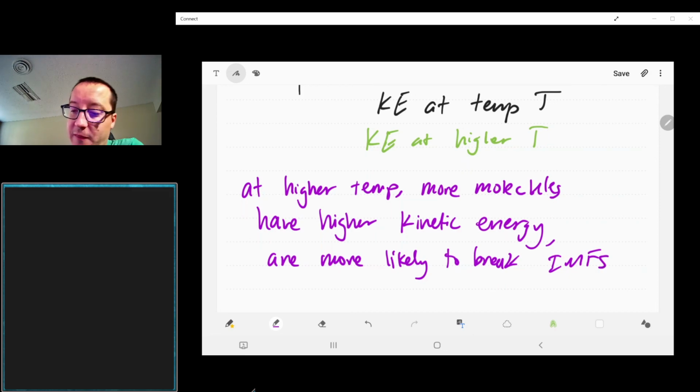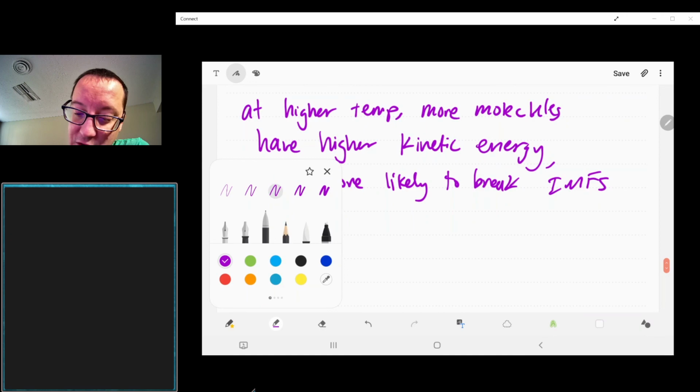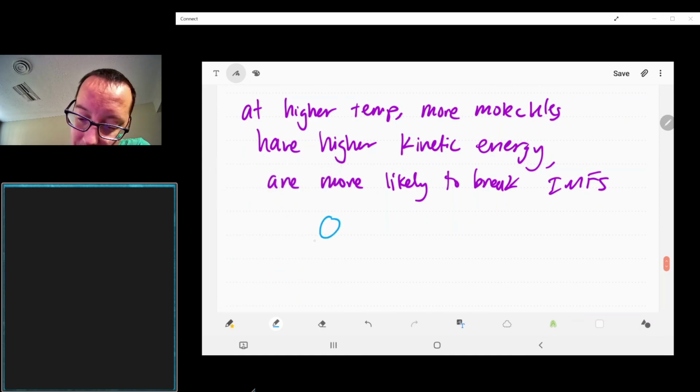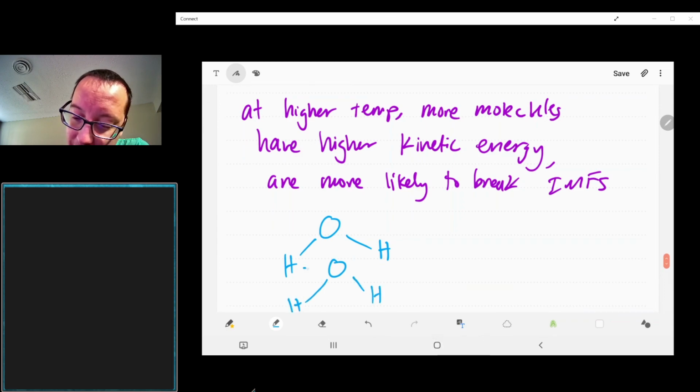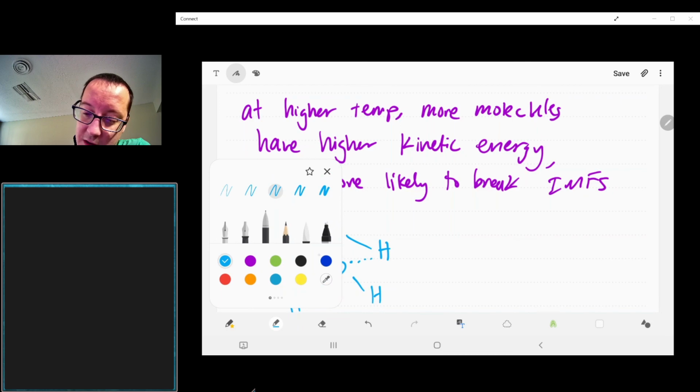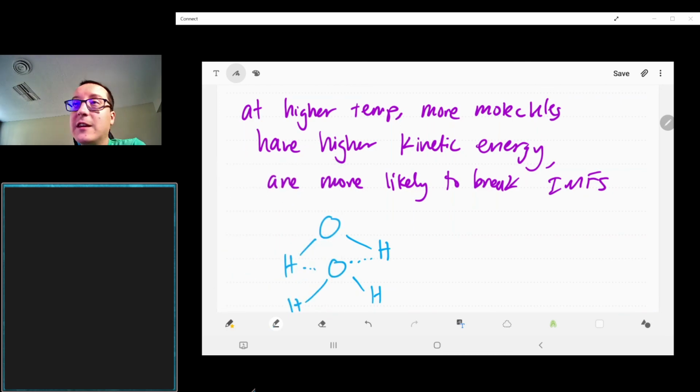And so if you want to think about this visually, we have our water molecules here that are happily interacting together. If this water molecule down here, the bottom one perhaps, is caffeinated like crazy or on steroids and it's moving around so quickly, it's going to just rip out of there.